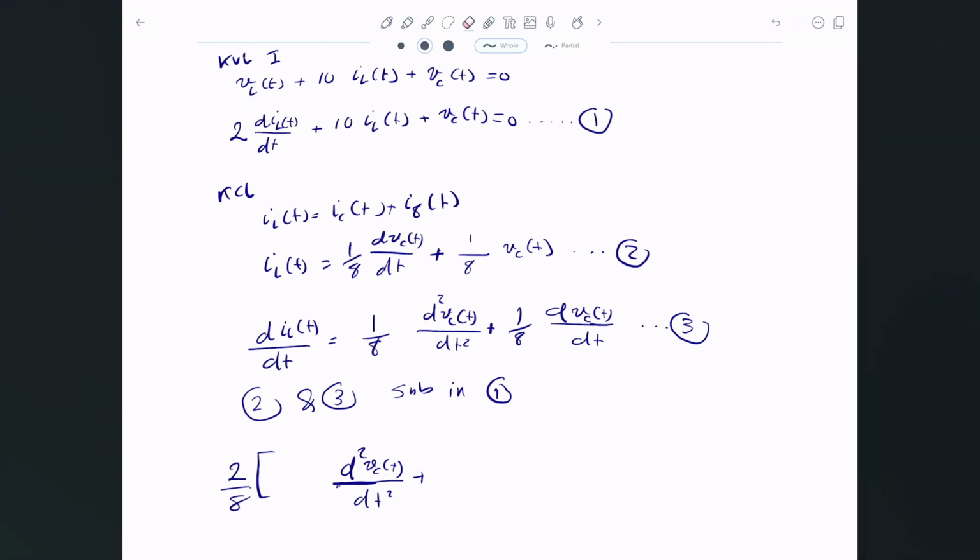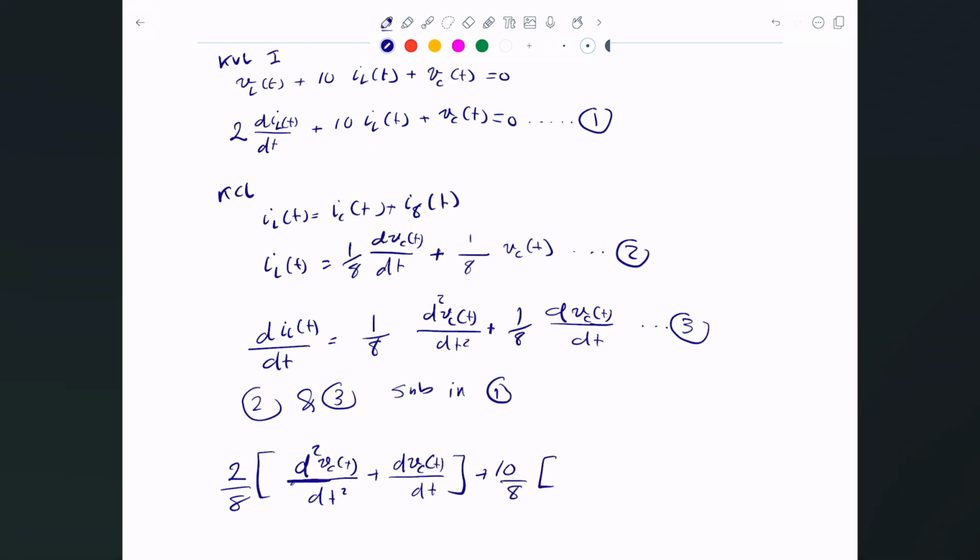And we do this one here, and that becomes dVC of t divided by dt. So here I just substituted this. Now we do that. 10 times 1 divided by 8 dVC of t divided by dt plus VC of t, plus that leaves me this VC of t in here. VC of t equals 0.